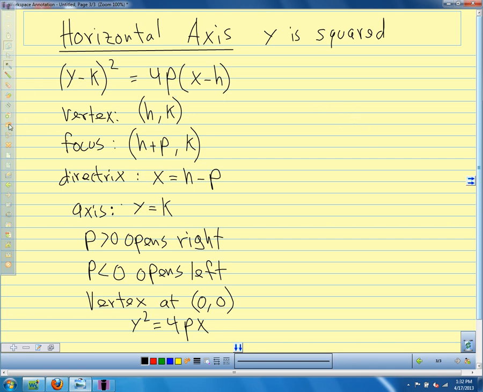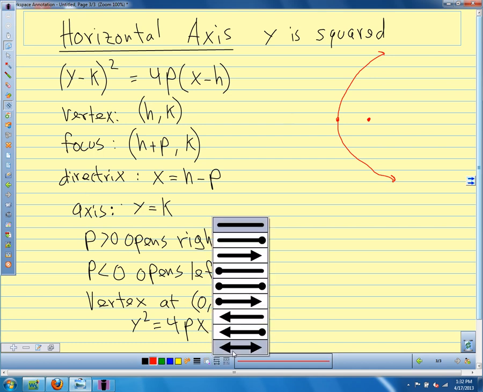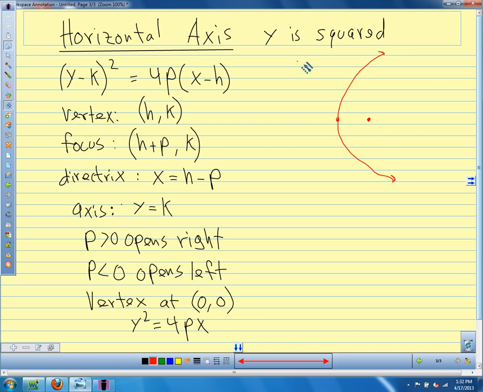So let's draw a couple of pictures of our horizontal axis parabolas. Here's one opening to the right. The focus is always inside the parabola. Our directrix is going to be here. This is for p greater than 0, we're opening to the right.